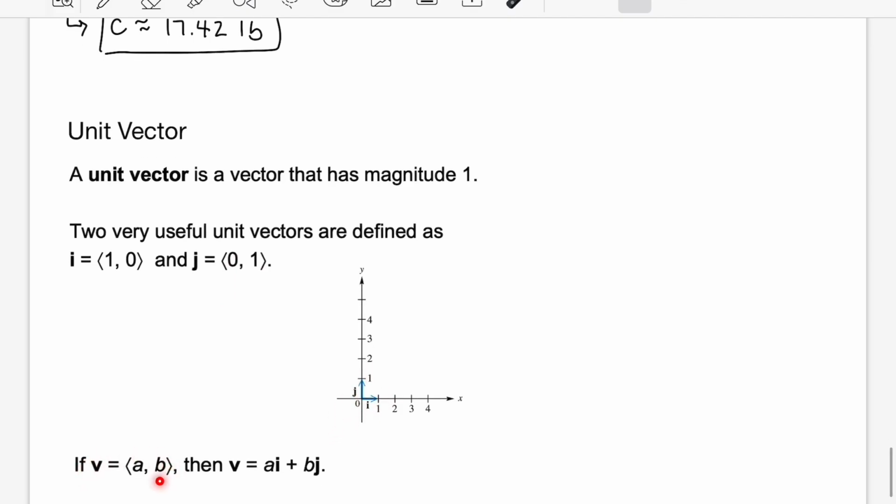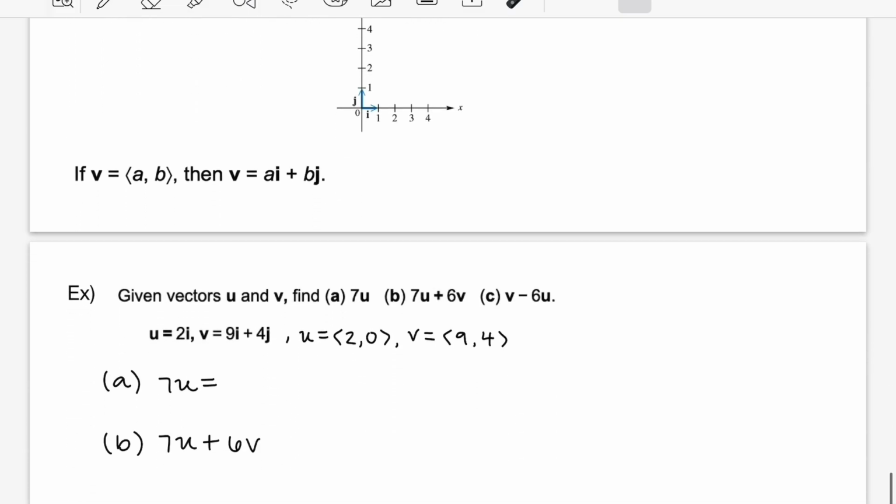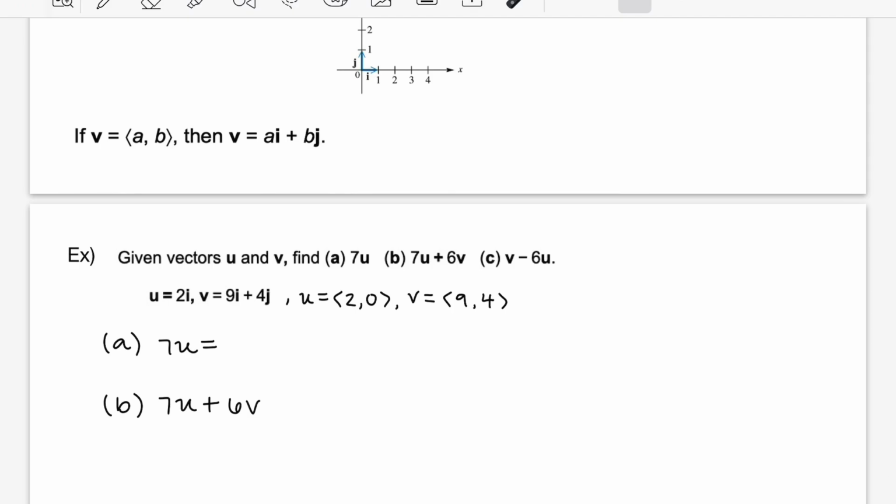So if we have a vector v that's equal to this here, then we can write our vector like this here, where a represents the magnitude of our horizontal and b represents the magnitude of our vertical components. So let's look at this example here. In this case, we're given vectors u and v written in this form. And what we want to do is find these here. And so I've already written this here.